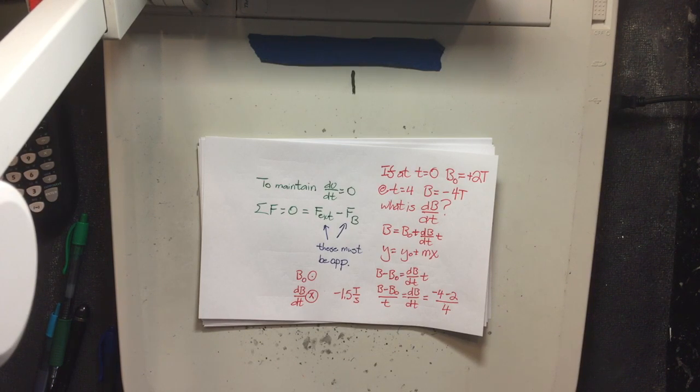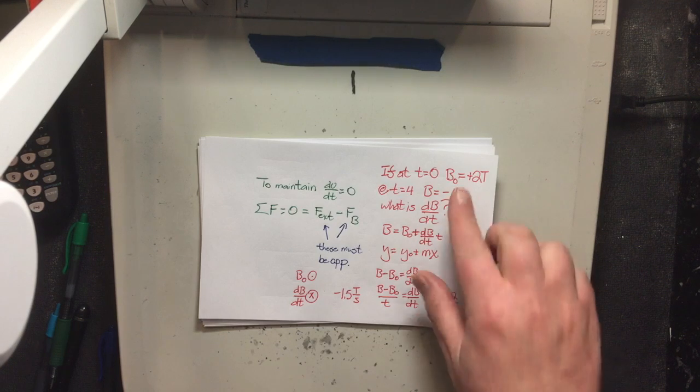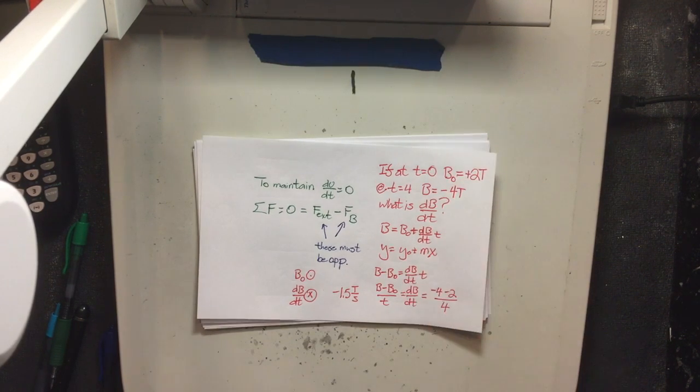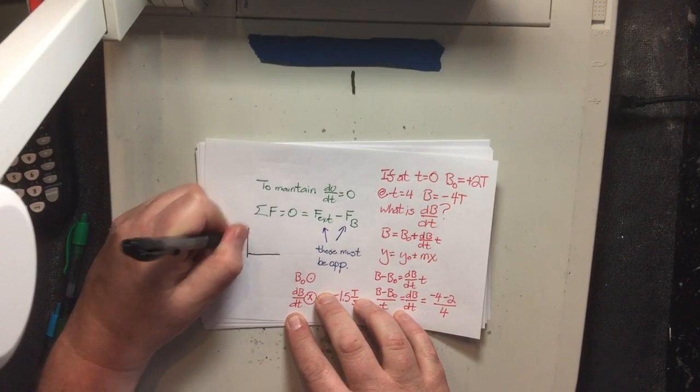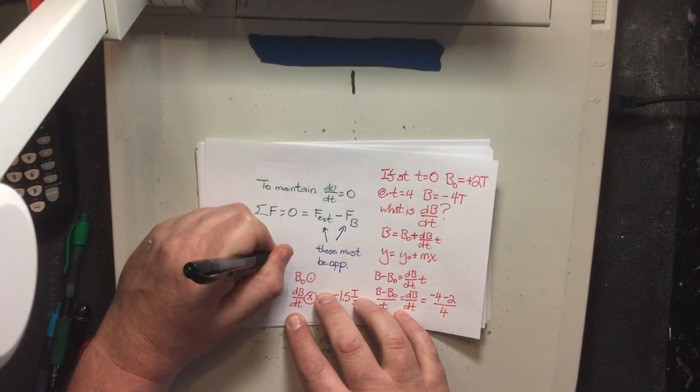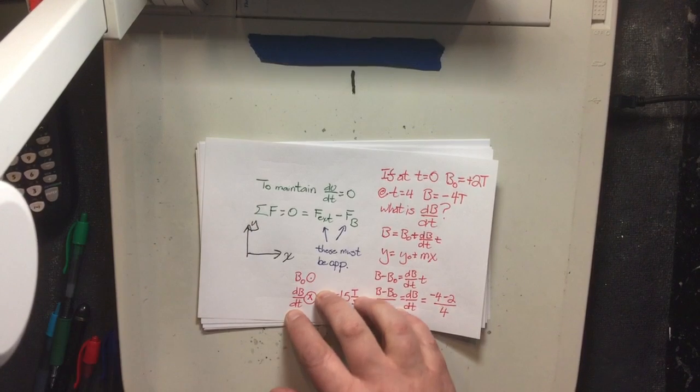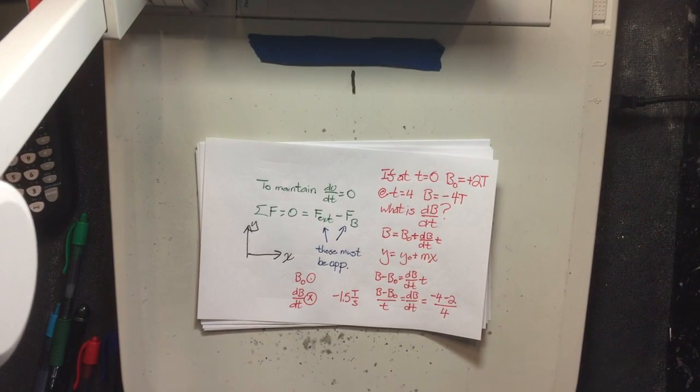How do you know that the B field's out? Because I said it was +2. We're all familiar with X and Y. And then you go, well, is positive Z into the page or out of the page?